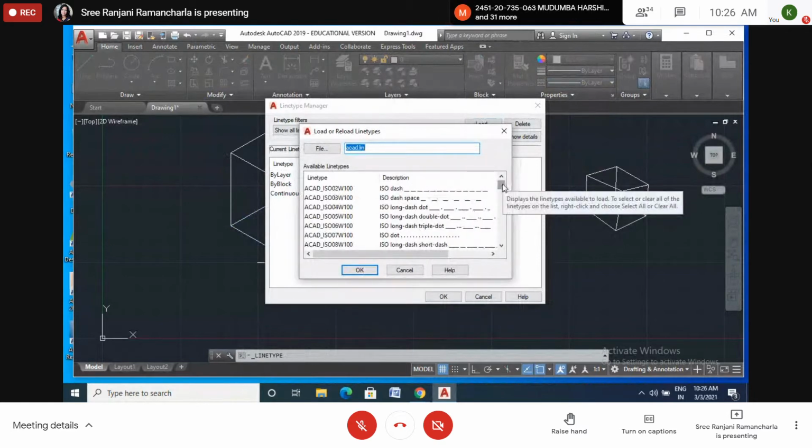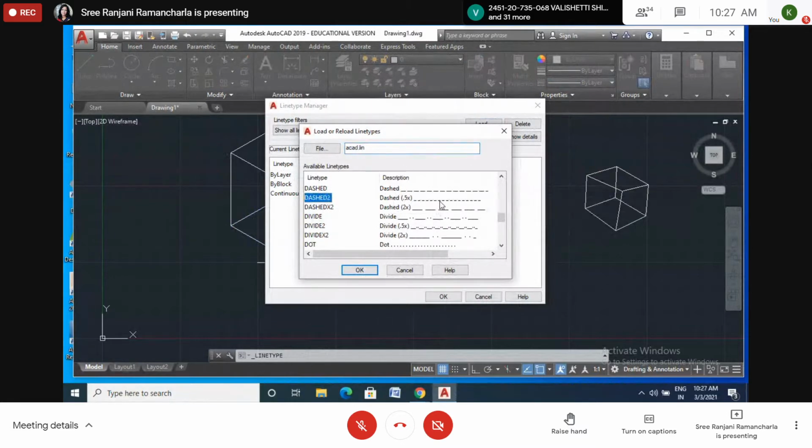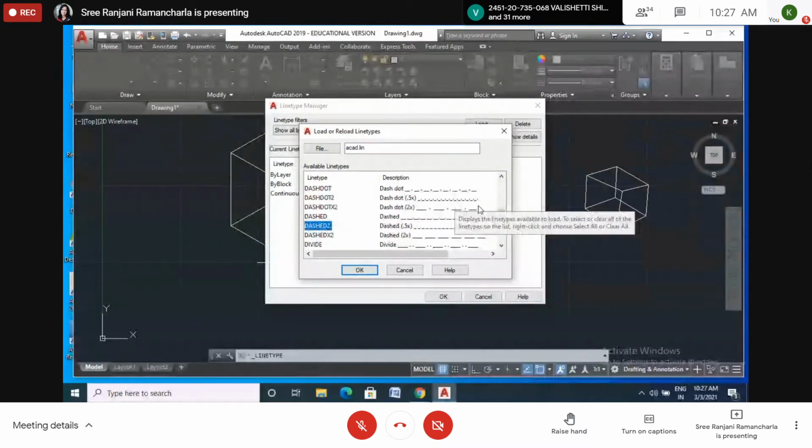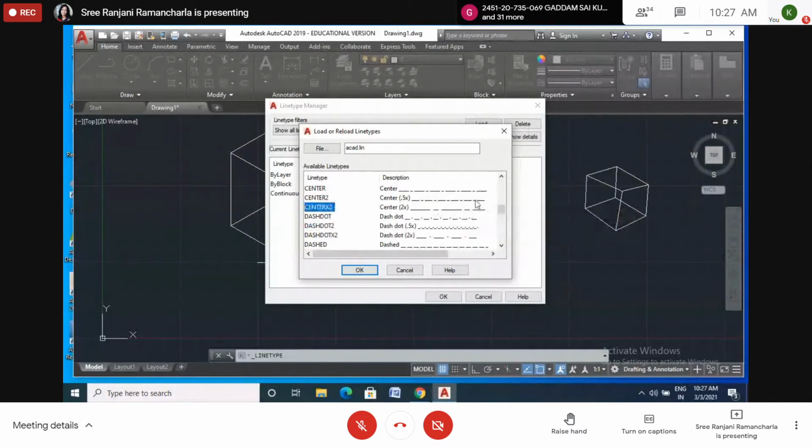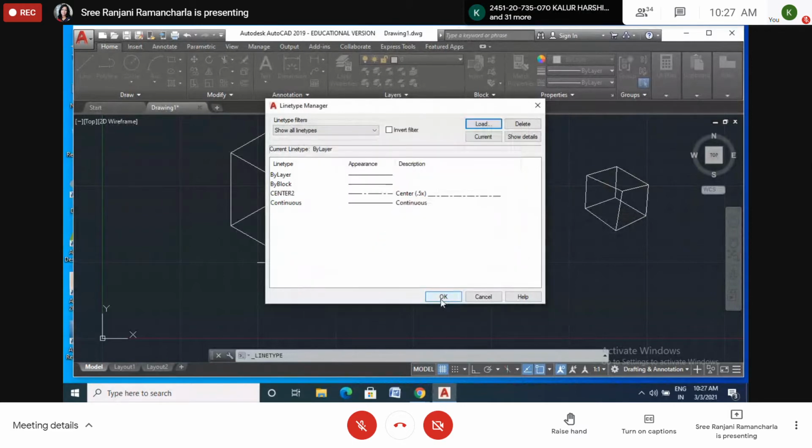Let's see if there are any other hidden lines. This one I want. I will select this one, and I will select the axis line also. Then those two.